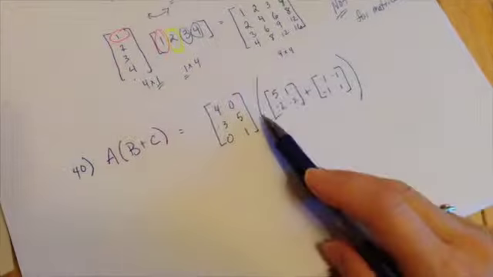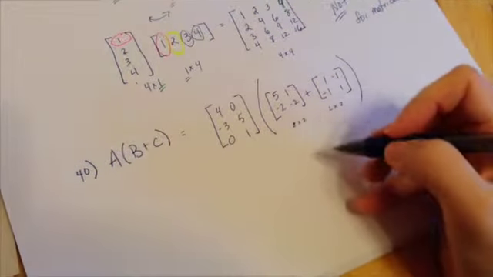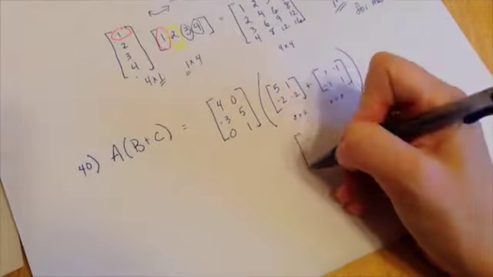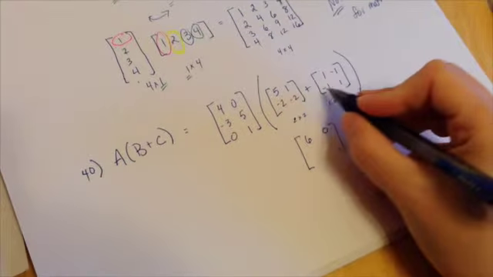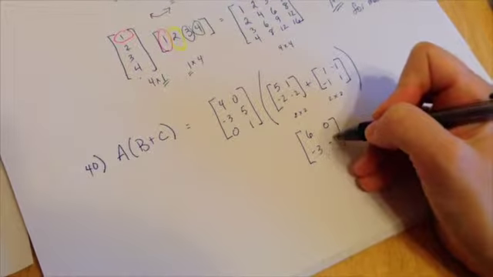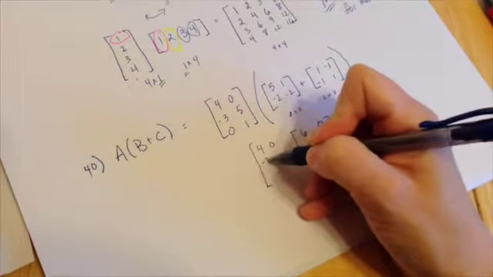Always do our parentheses first. These are both 2 by 2, so we can add them. And we're going to get the 5 and 1 is 6, 1 and -1, 0, -2 and -1 is -3, and -1. Now we're going to take that and multiply by our A.